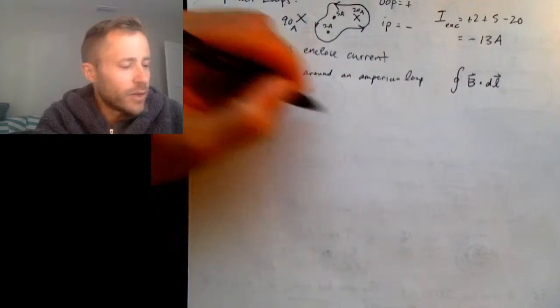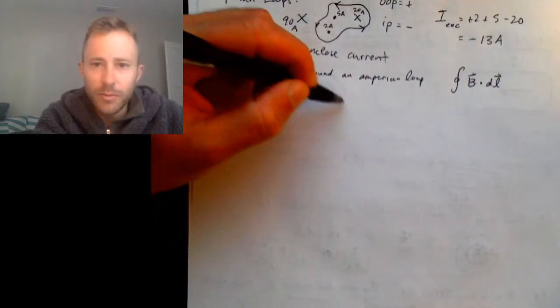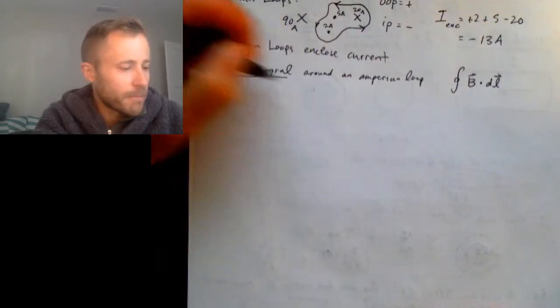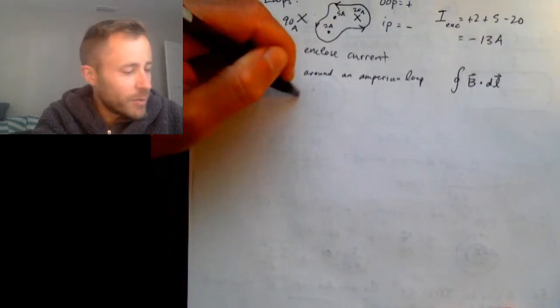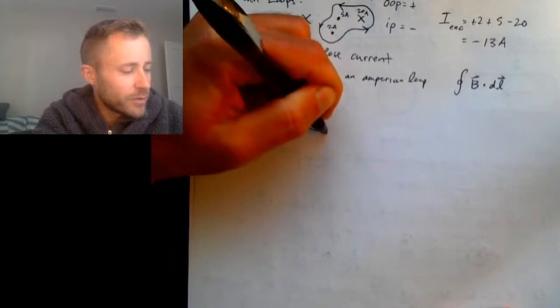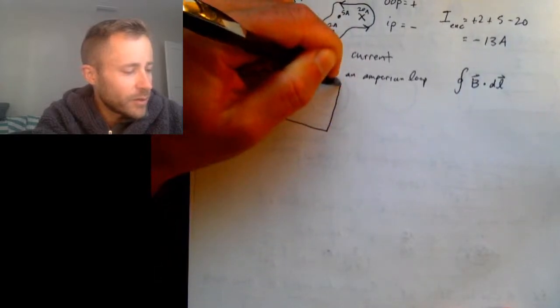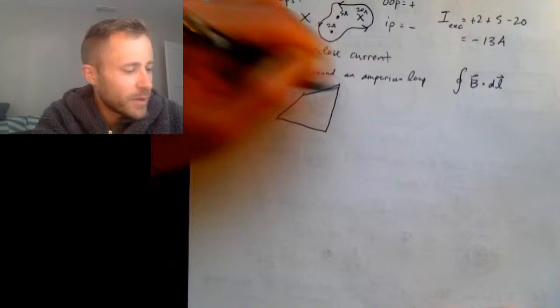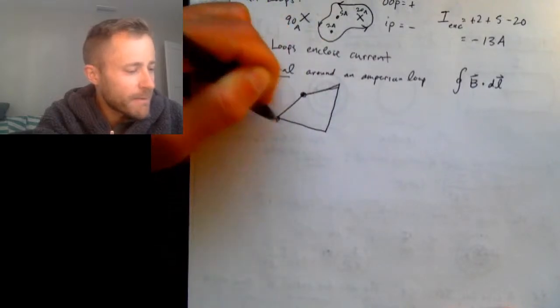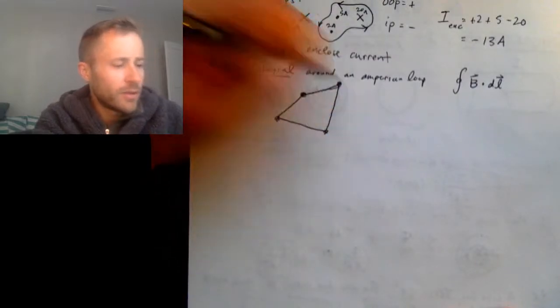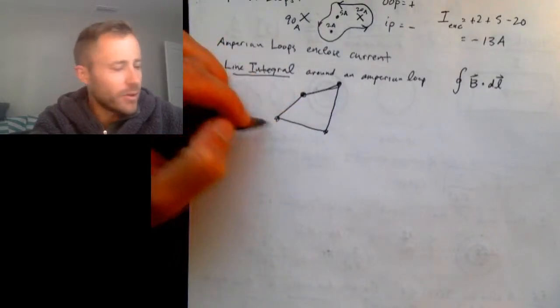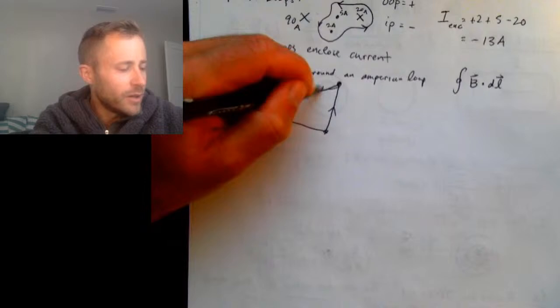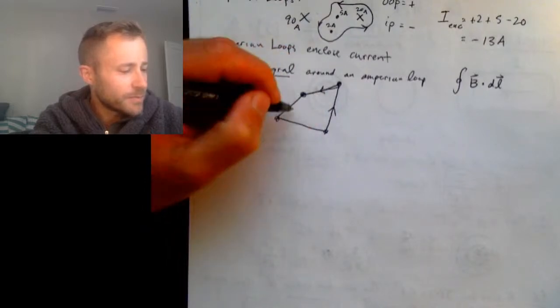And so, like, let's say we had an Amperian loop that is made up out of straight line segments. So maybe we have an Amperian loop that's like this or something. Okay. So this Amperian loop has a number of segments.